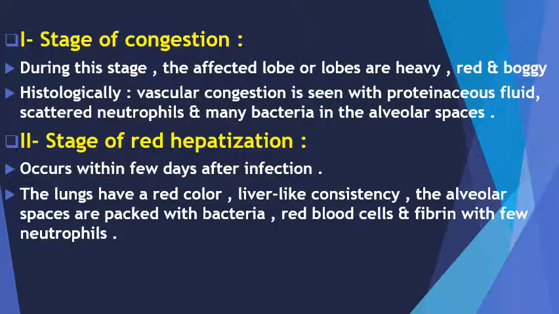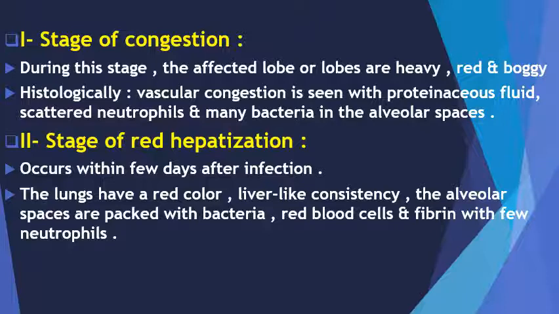So we will discuss here the stages that the patient with bacterial pneumonia evolves through. First stage, congestion. In this stage, the affected lobe or lobes become heavy, red, boggy because there is congestion.